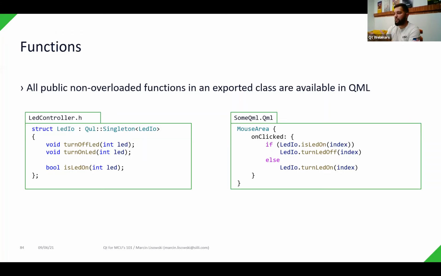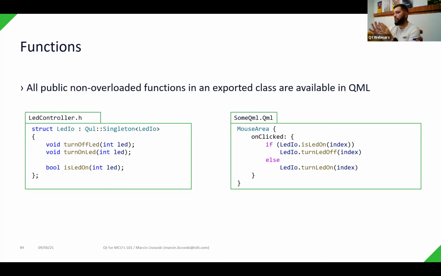And of course, if it comes to singletons, it will be available in the whole project in every QML file. Another thing that is important, next to the requirement that functions have to be public if you are exposing them, is that they also have to be non-overloaded.